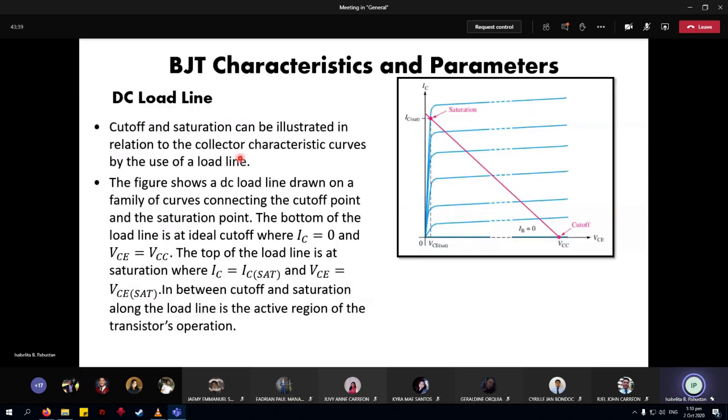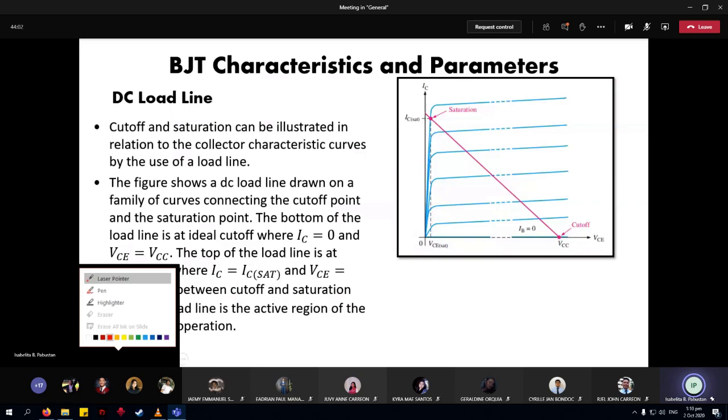Now, how do you draw the DC load line? This is your DC load line. Remember that we derived this formula, that VCE is equal to VCC minus ICRC.